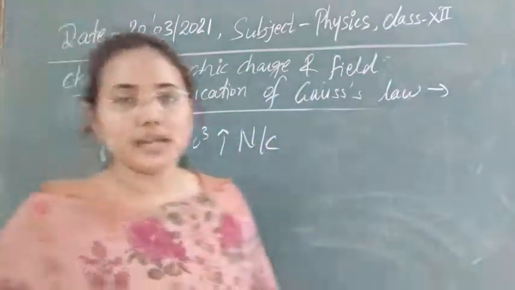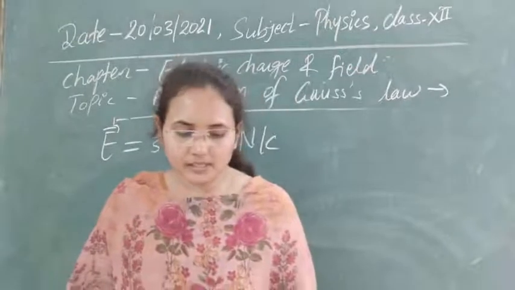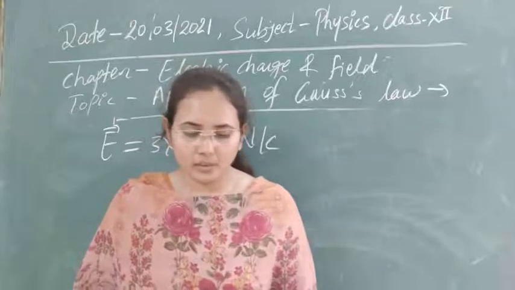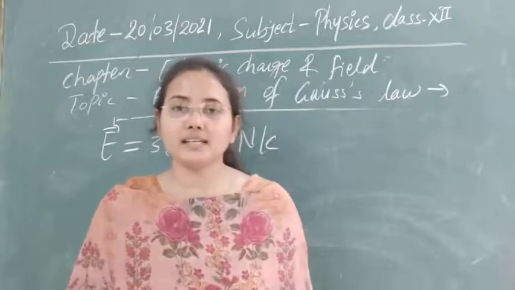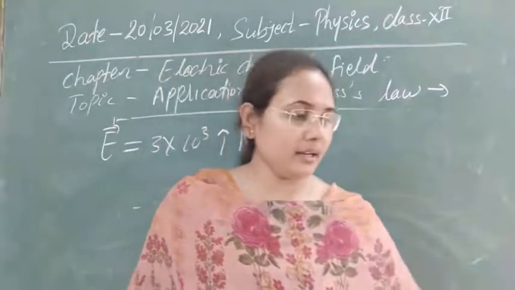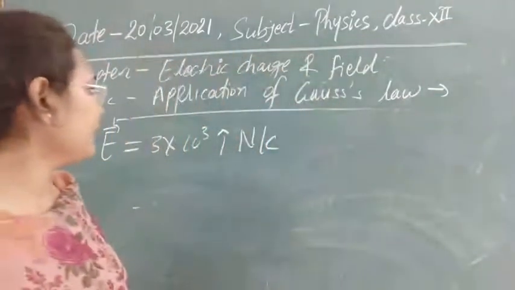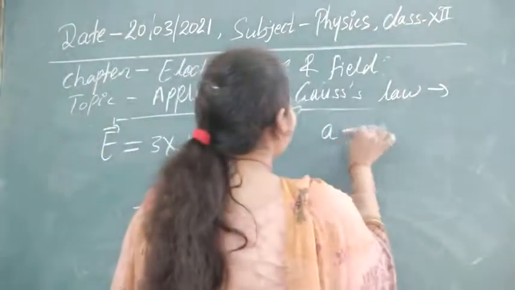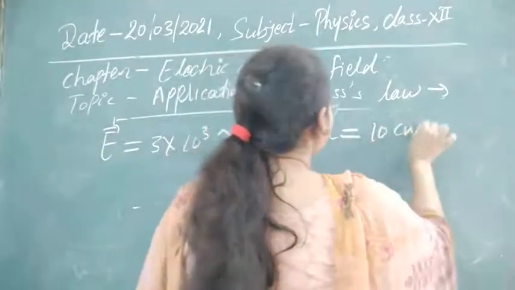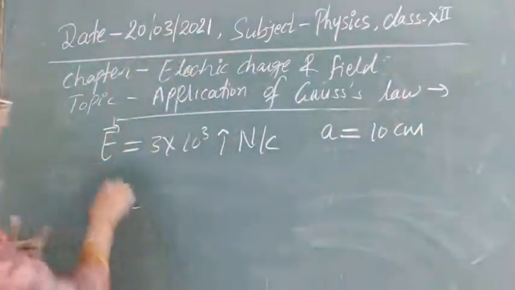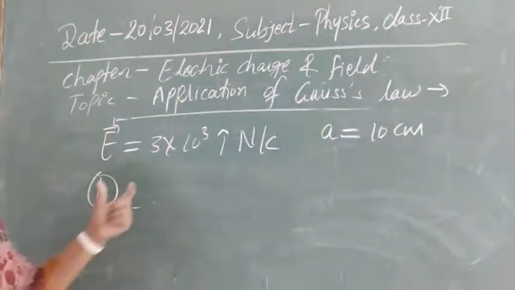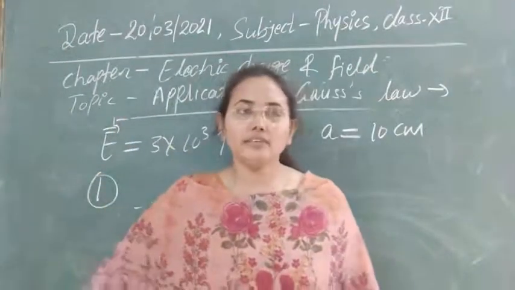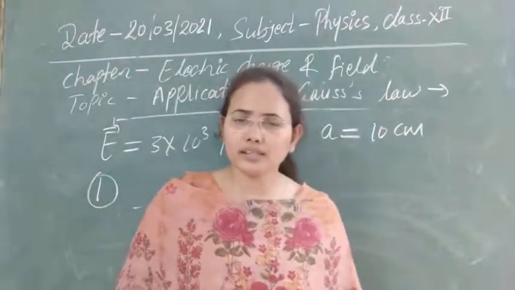The first question is: what is the flux of this field through a square of 10 centimeter on a side whose plane is parallel to the YZ plane? Suppose the side of the square is A, given as 10 centimeter. In the first case the square is kept in the direction of the YZ plane.